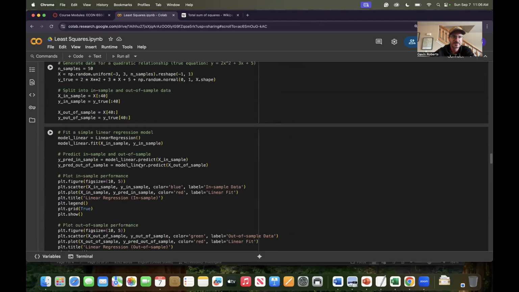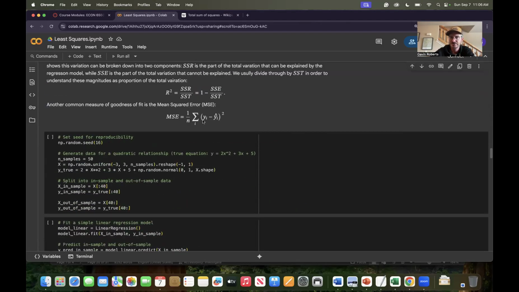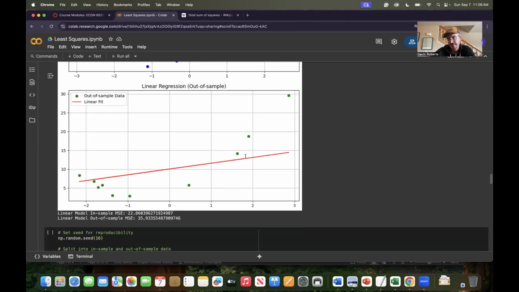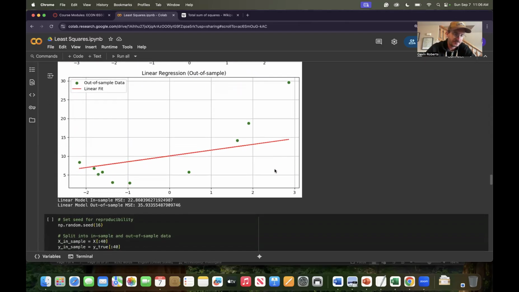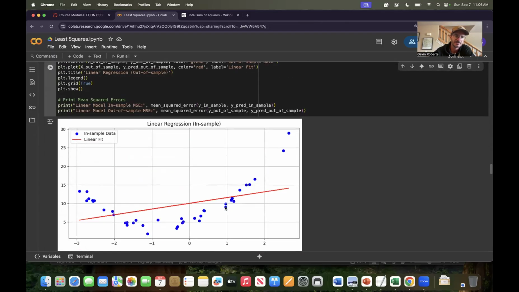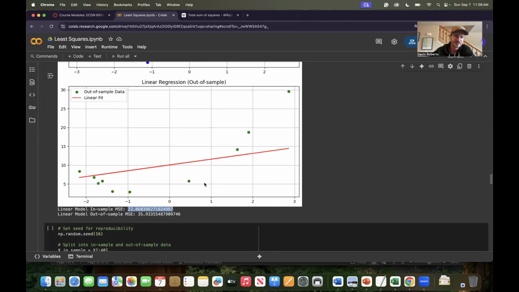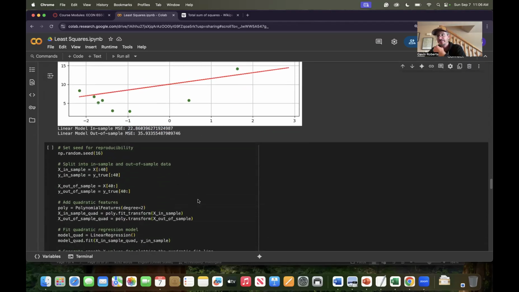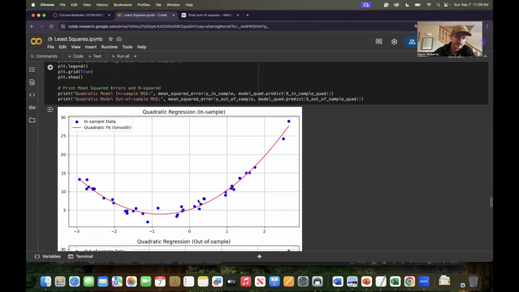I'm using the MSE here. It's always going to be worse out of sample. So we see that we get a bad fit in both: an average miss of 22 in sample, and an average miss of 35 out of sample.